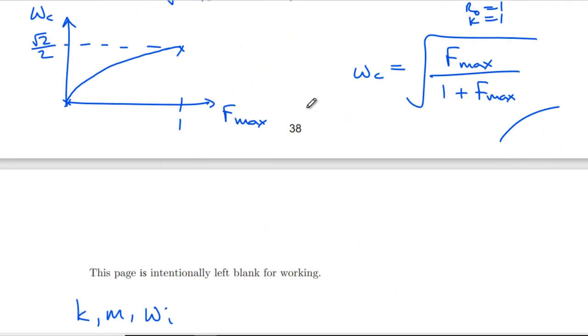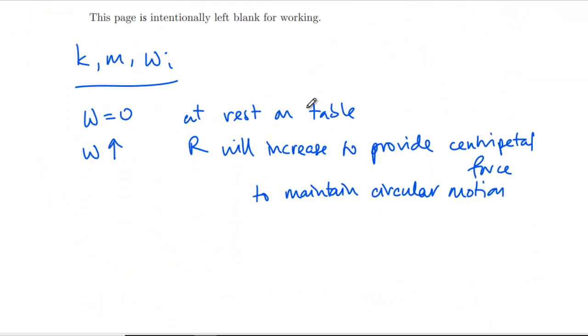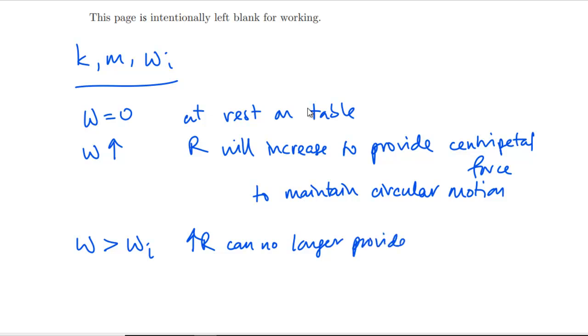It hasn't asked for this, but when it gets above this value, an increase in R can no longer provide the necessary centripetal force. I'm quite surprised it hasn't asked for what would happen after.